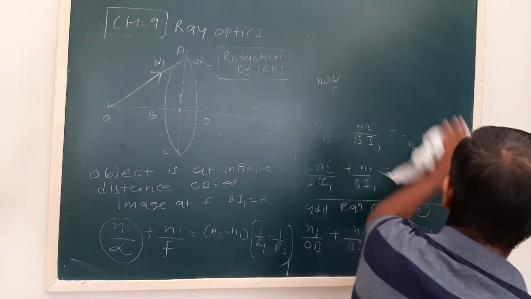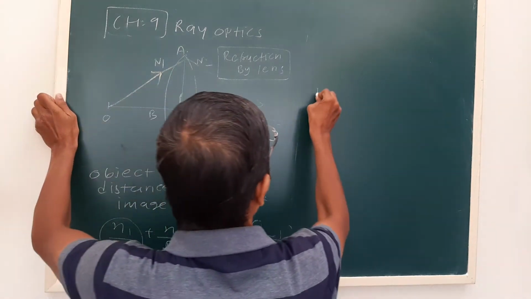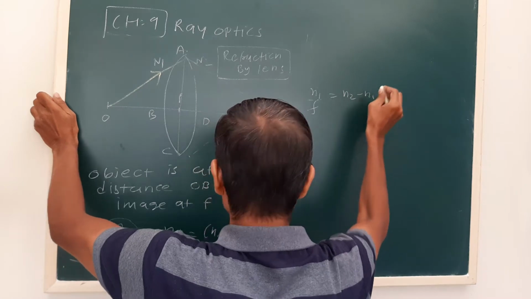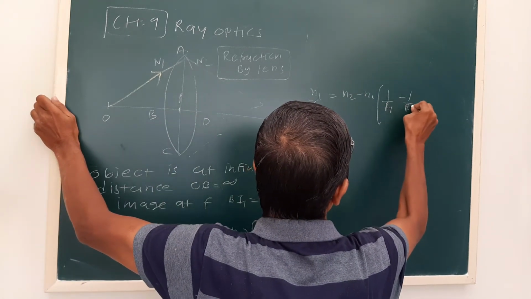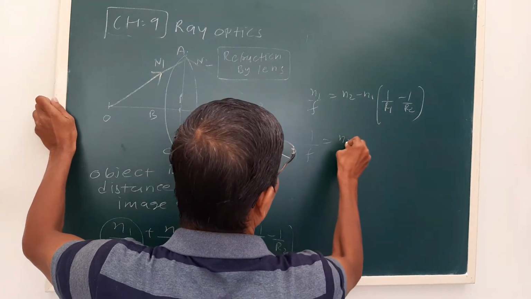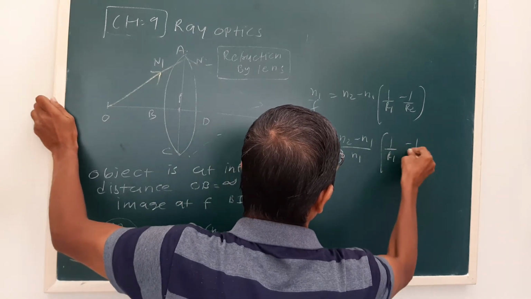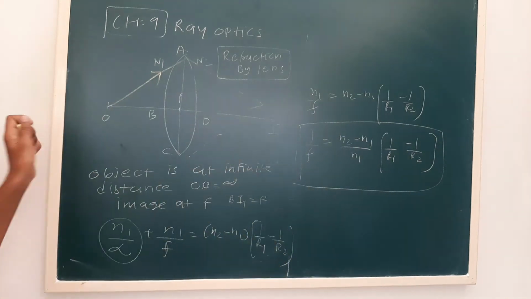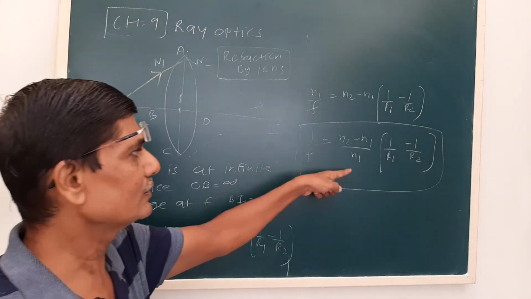Okay, now see, 1 upon infinite has become 0. Okay, so finally our equation will become like this, 1 upon f, n1 upon f, n2 minus n1, 1 upon r1 minus 1 upon r2. Now see, this n1 I am taking into the denominator. Okay, so finally our equation has become 1 upon f is n2 minus n1 upon n1, 1 upon r1 minus 1 upon r2.